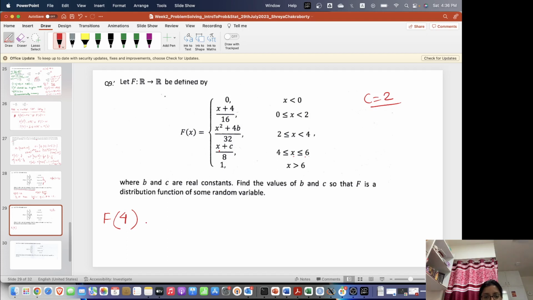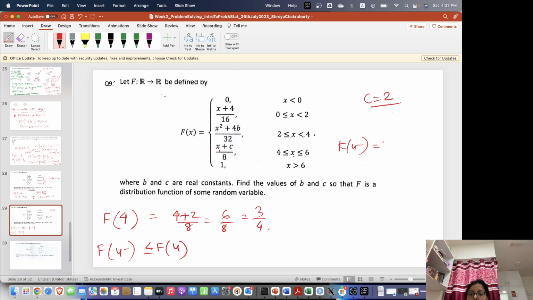Then we have F4 is 4 plus 2 by 8, that is 6 by 8, which is 3 by 4. Now since F is a distribution function, F4 minus should be less than or equal to F4. So F4 minus, we'll put the value of x equal to 4 in this one.